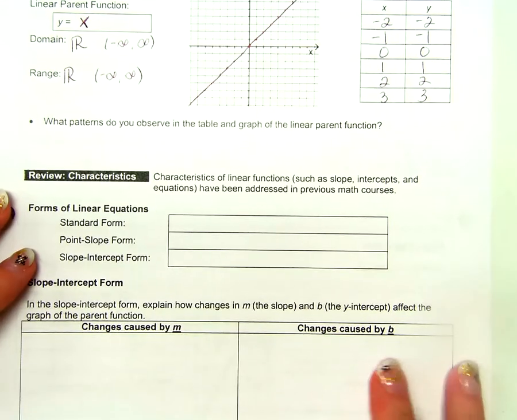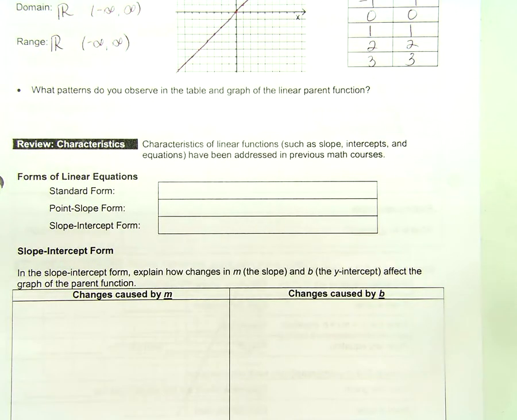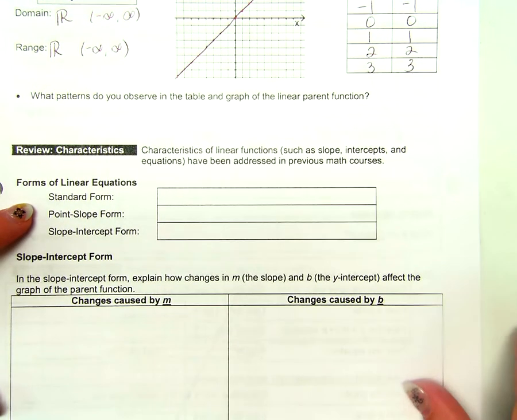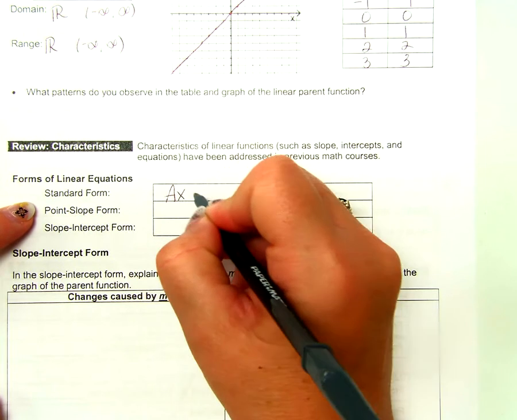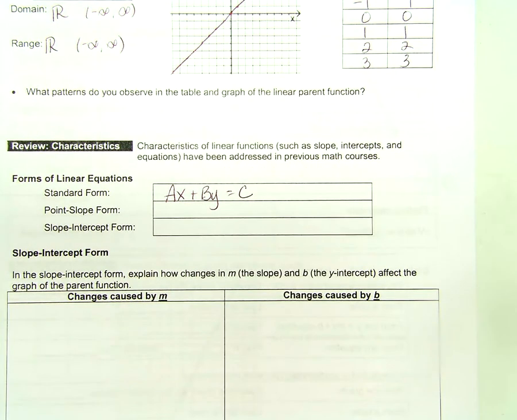So let's go over the characteristics now. Because again, our objective today is to recall the characteristics of linear functions. There are three different forms of linear equations. The first one is standard form: ax plus by equals c. That's standard form of a linear equation.